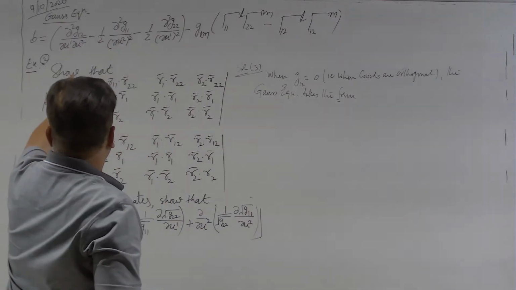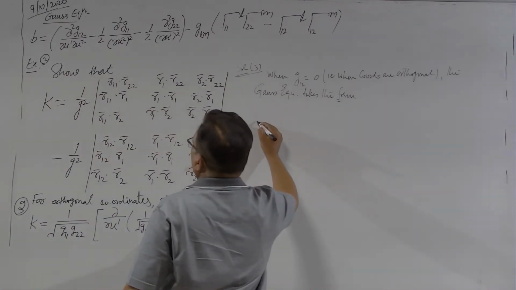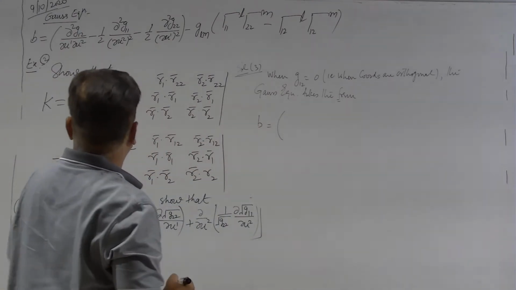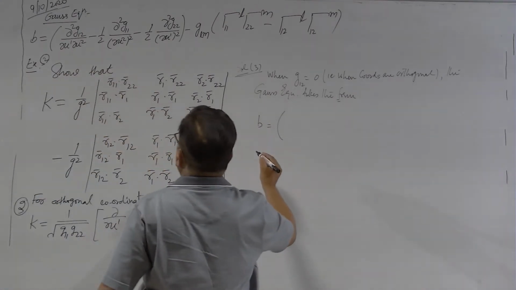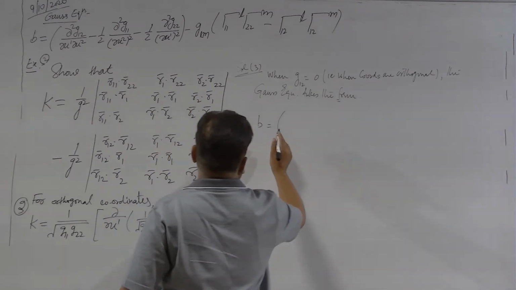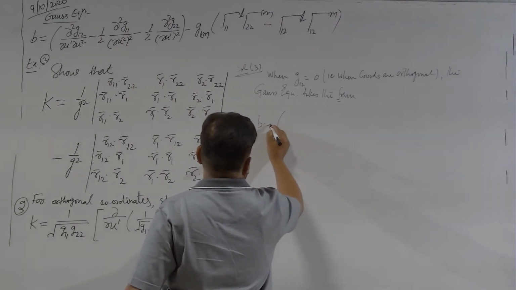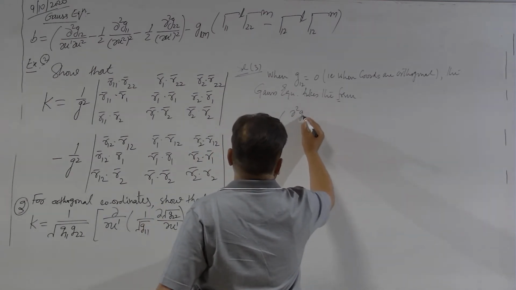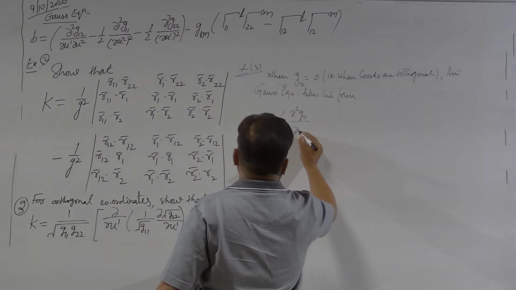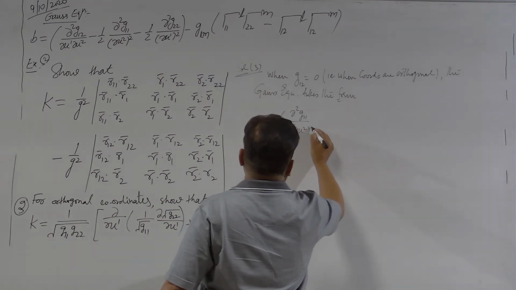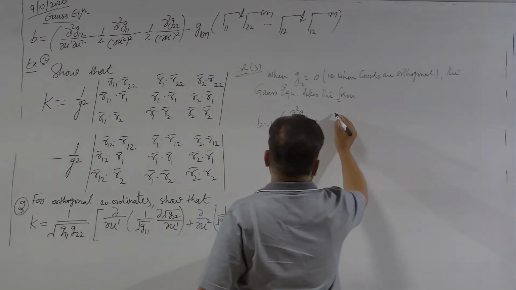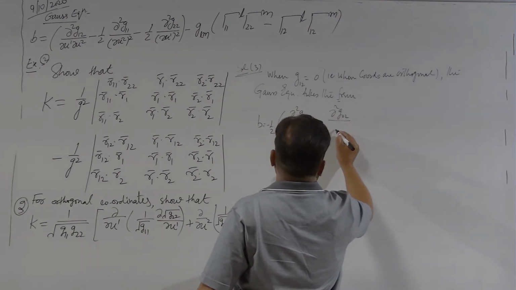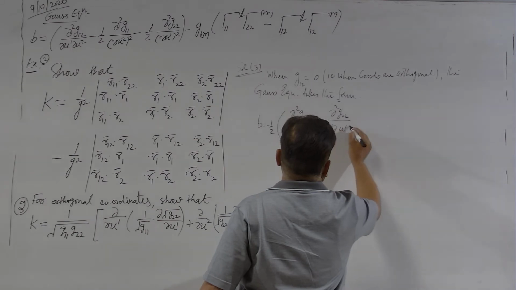So, the first term on the right side will be 0, and you will have del. Minus, you can take common, minus half in fact, and del 2 G11 upon del U2 square plus del 2 G22 upon del U1 square.